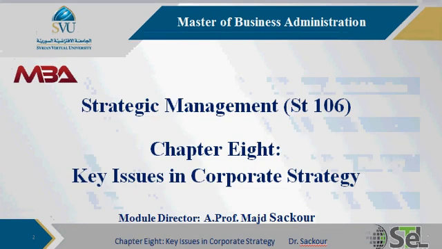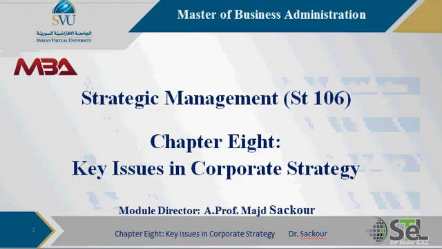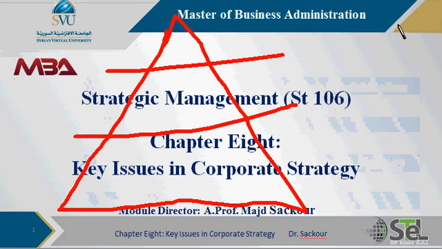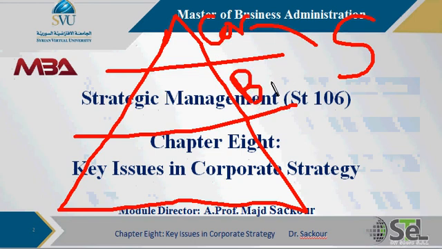Over the last few chapters, we started talking about business strategy, the business strategy level. We defined the meaning of strategy at corporate level, business unit level, and functional level, for example.